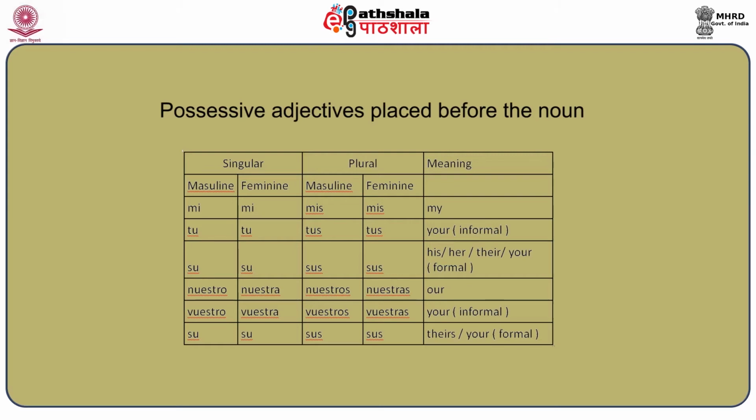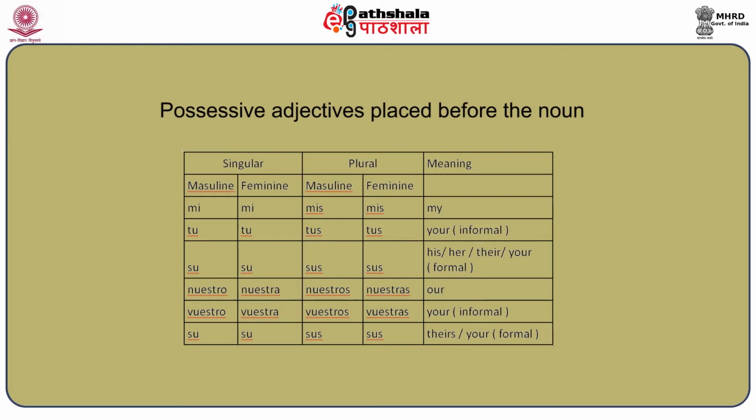For my, there is mi in masculine singular and feminine singular, and if the thing is plural, then it will become mis. Same way, your will be tu for both genders, but if the object or thing is plural, it will become tus.